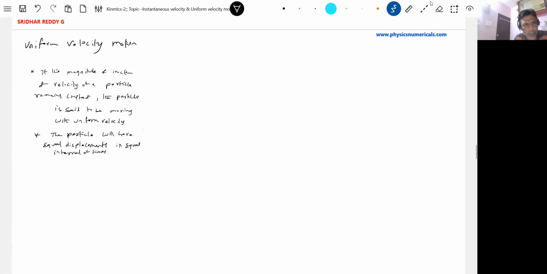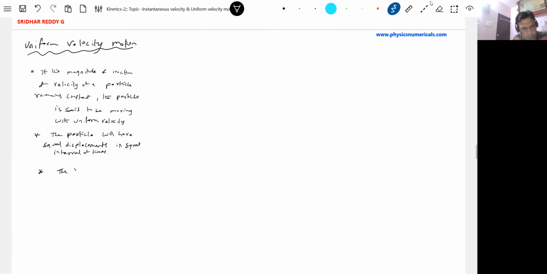The first thing: in uniform velocity motion, the particle will have equal displacements in equal intervals of time, or equal distances in equal intervals. Both are same.